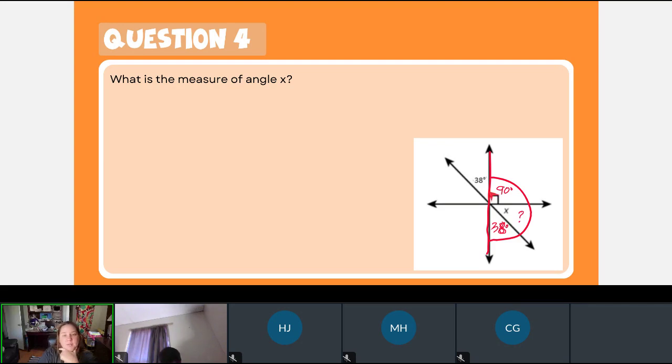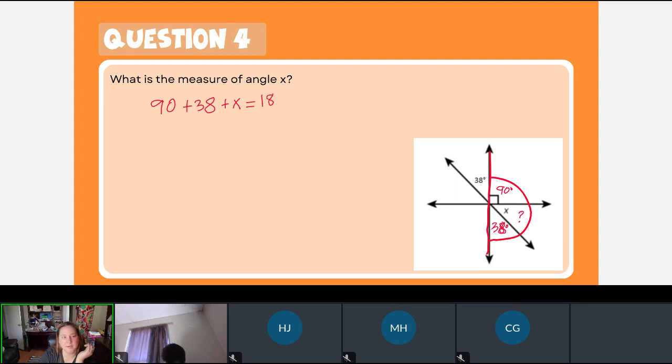So we can add up these angles and make them equal 180 degrees in order to figure out what x is. So on your paper, you're going to write 90 plus 38, because those are the two that they gave us, plus x, which is what we're solving for, equals 180, right?